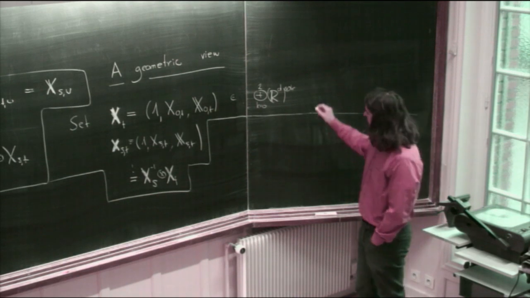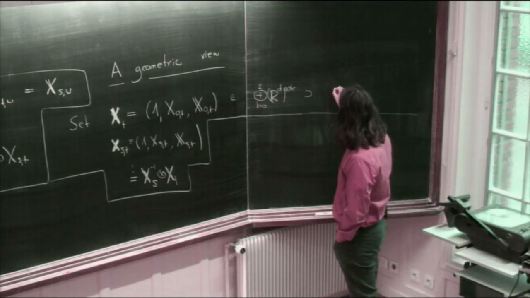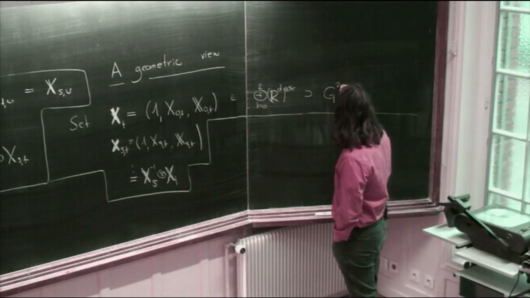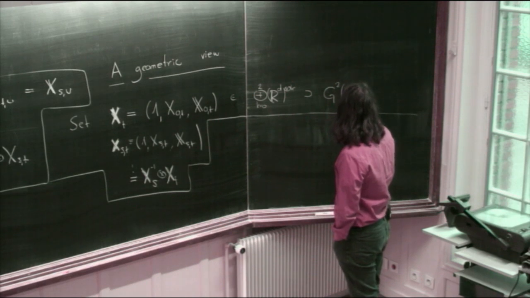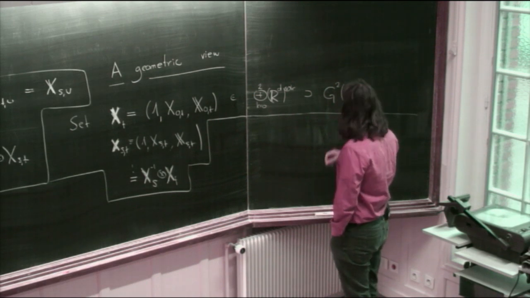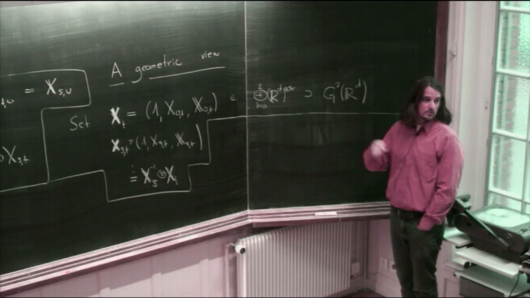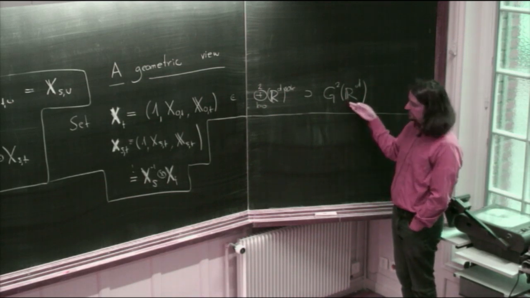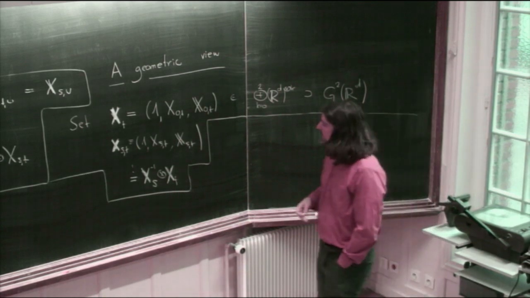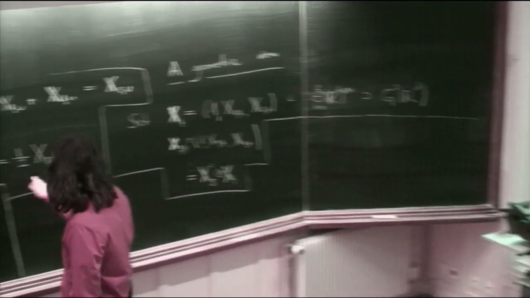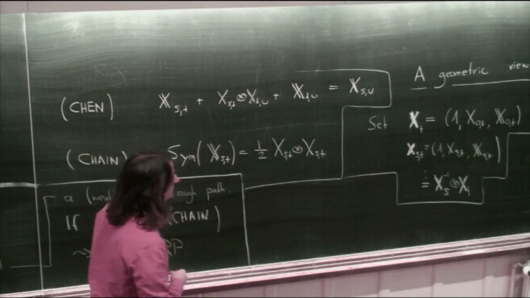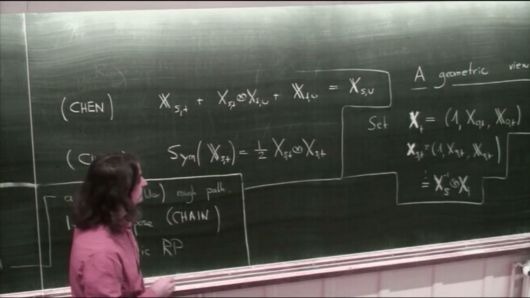So yesterday I introduced the space G2 as the image of all signatures of smooth paths, right? And the chain rule effectively says that you take values in the space G2.